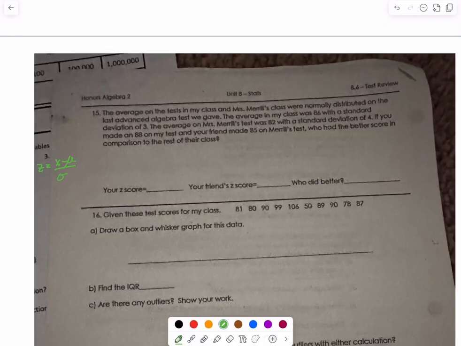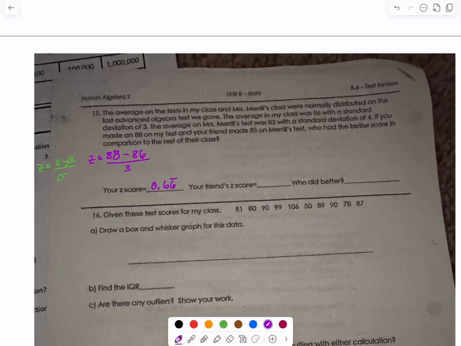Now, if you made an 88 on my test, the z-score there would be 88. Now, let me see. Average in my class was 86, and a standard deviation of 3. So the z-score 2/3. So we'll say 0.66 bar.